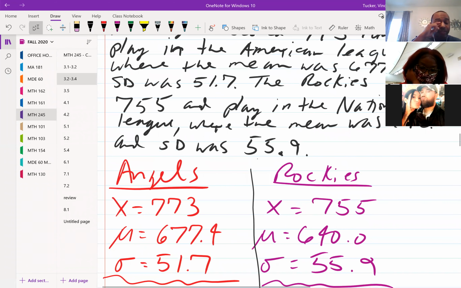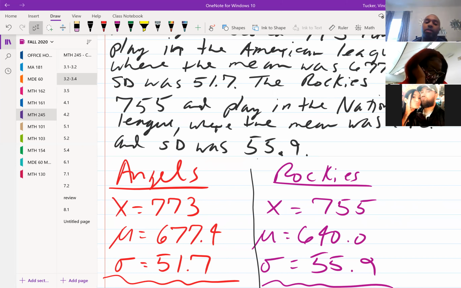All right, so right here, I just wrote down the given information. Your Angels scored 773 runs. That's going to be the data value that we're doing our comparison and calculation for. In the American League, you had 677.4 as the mean, 51.7 as the standard deviation.